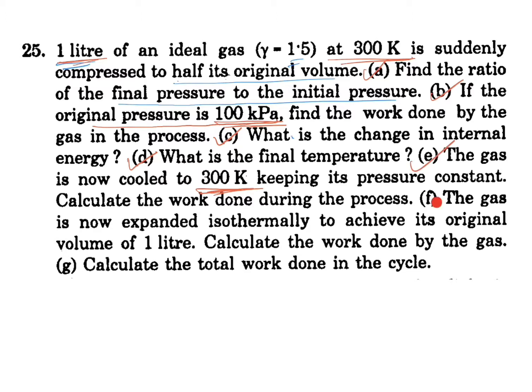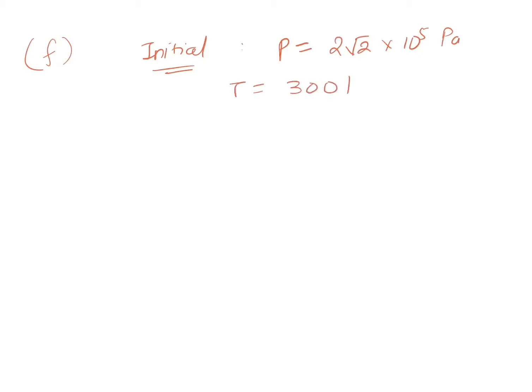Now we look at F. The gas is now expanded isothermally to achieve its original volume of 1 liter. Calculate the work done by the gas. Okay, so for this situation F, initial pressure is how much? After the previous part, that is after E, in the present situation our pressure will be 2 root 2 into 10 power 5 Pascal. Temperature is 300 Kelvin.